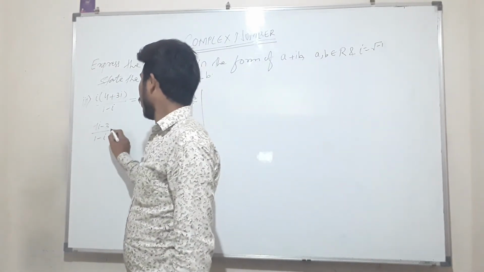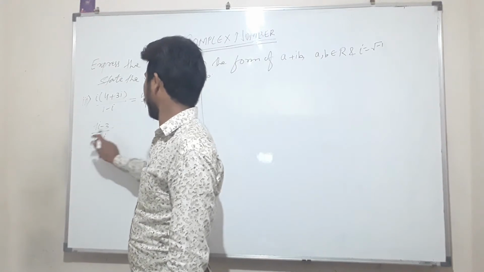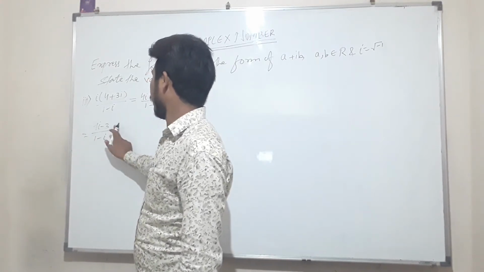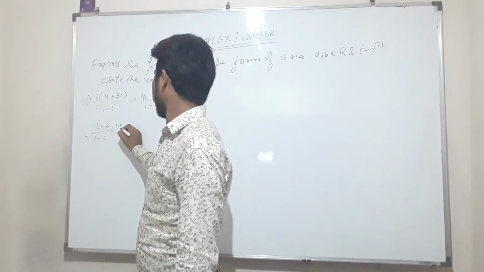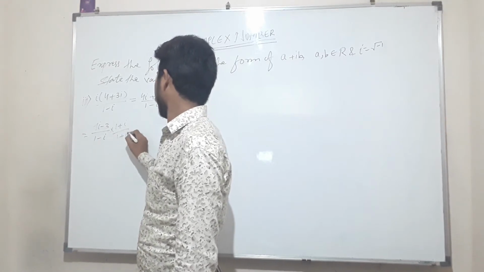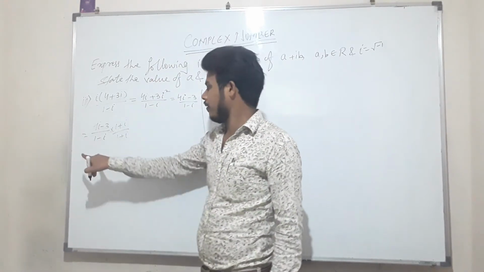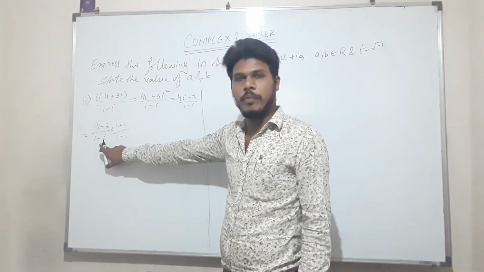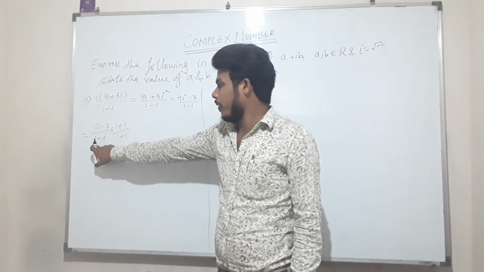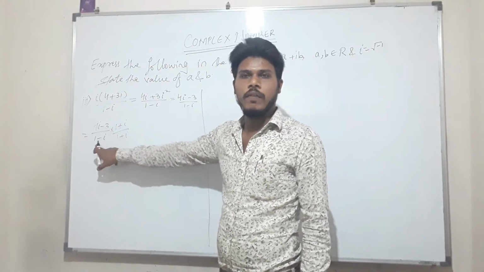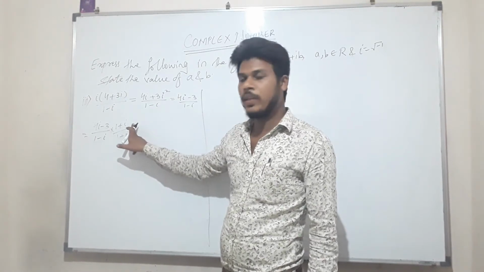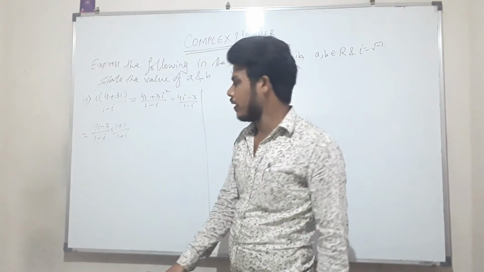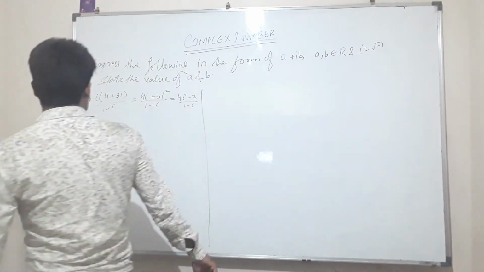So here the denominator is 1 minus i, and the conjugate of 1 minus i is 1 plus i. So multiply by (1 plus i) upon (1 plus i). So we will solve it.